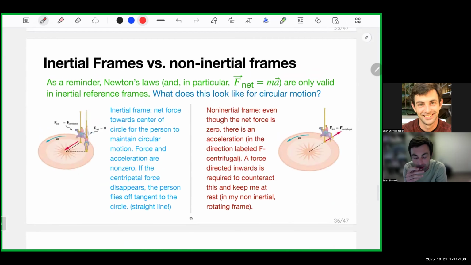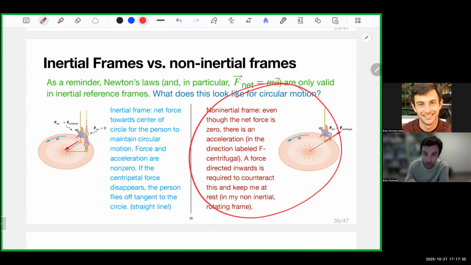So we're going to look at this picture first. If you are on a merry-go-round, you're all of a sudden in a non-inertial frame because you are accelerating in a circle. Imagine there was absolutely no friction.